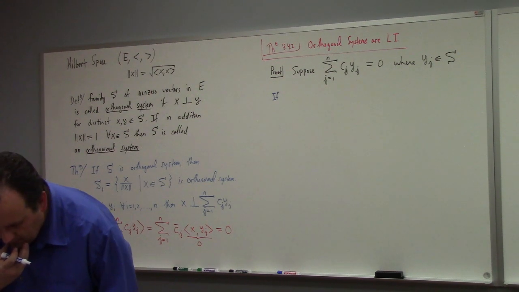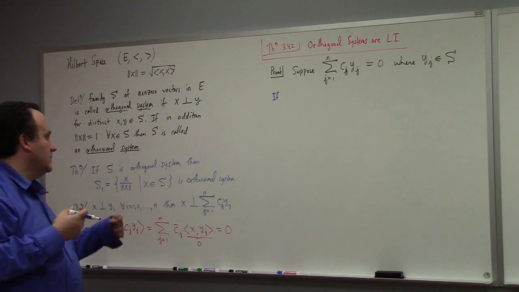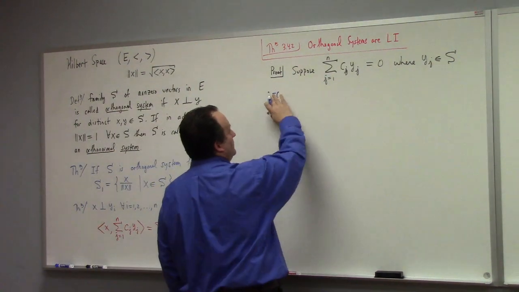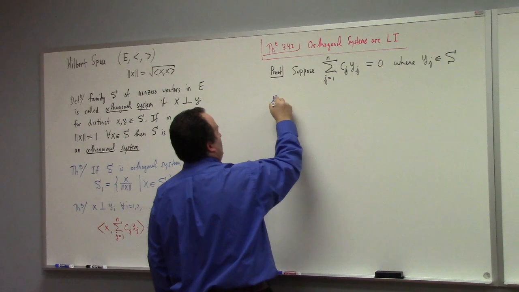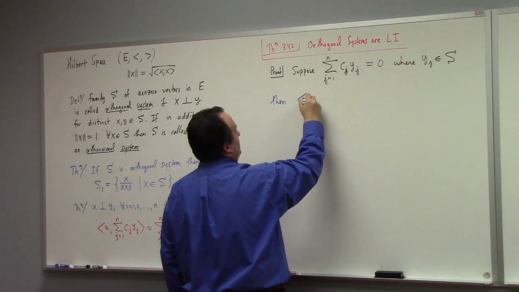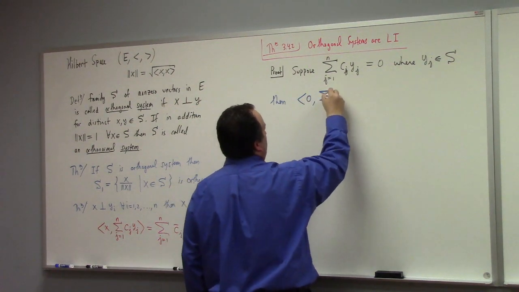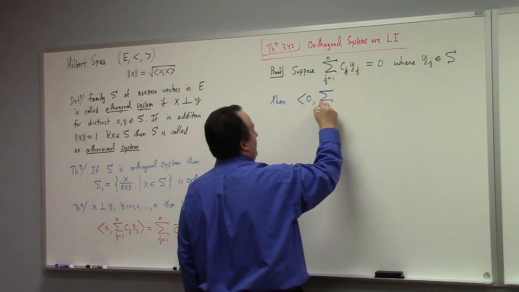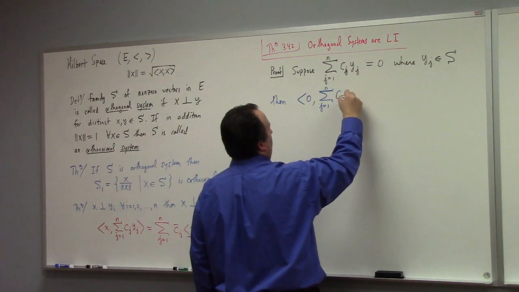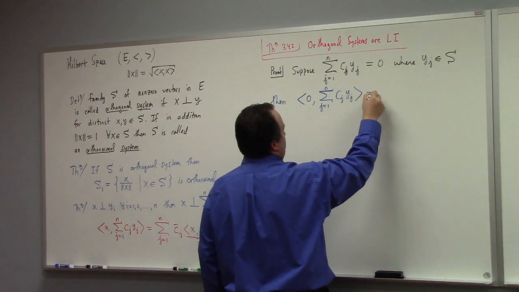Interesting. Okay, so then he's like, if we look at 0 with this sum, that's 0.